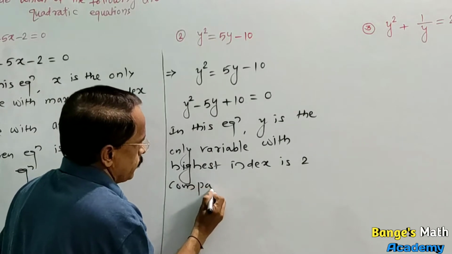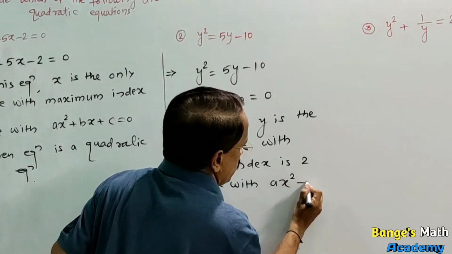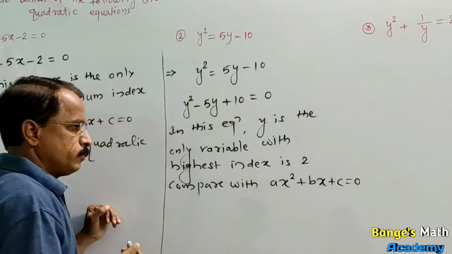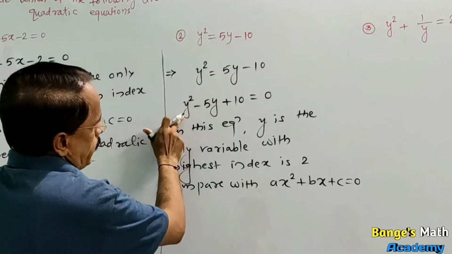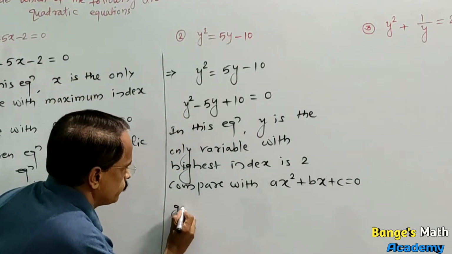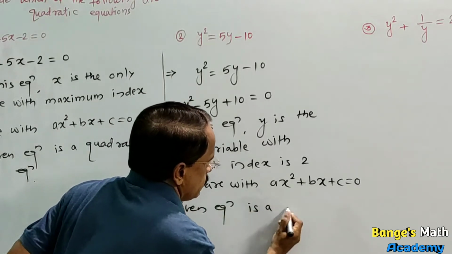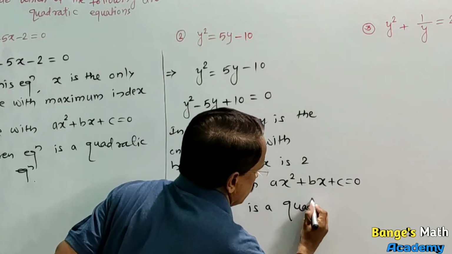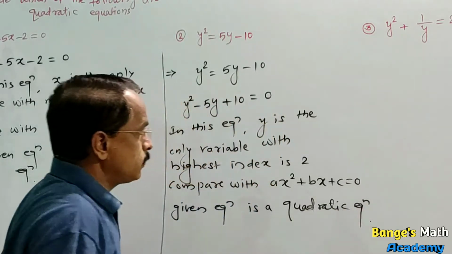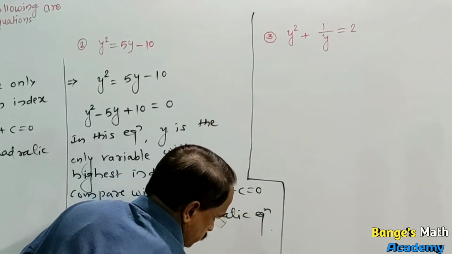If we compare this equation with ax square plus bx plus c is equal to 0, then we can say that the given equation is a quadratic equation.